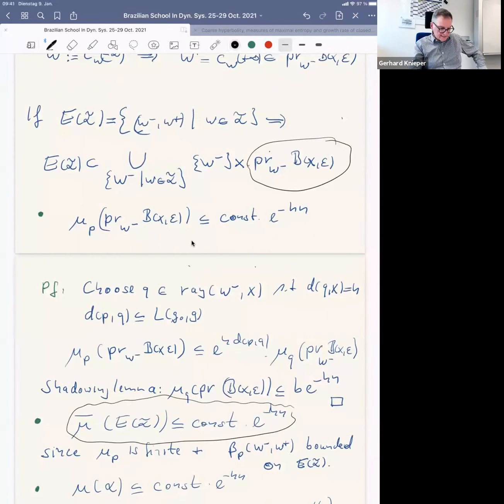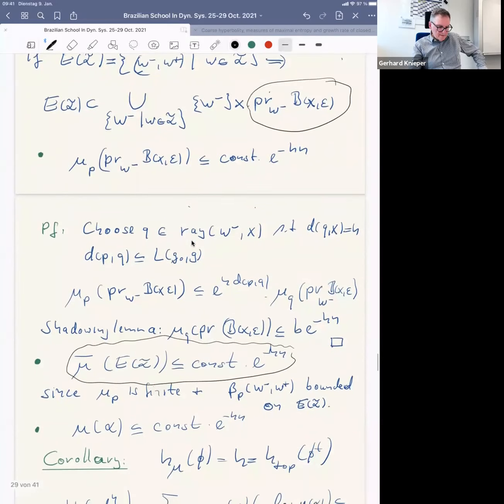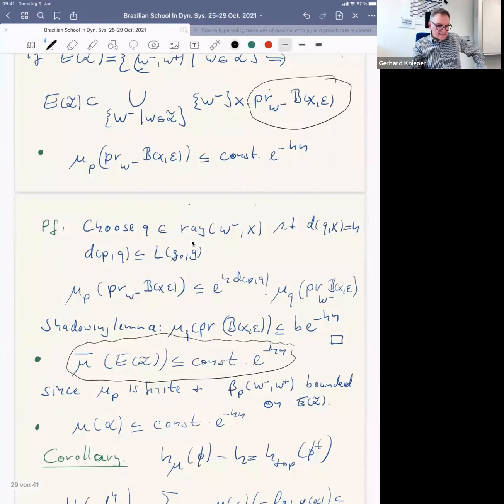Why is this? You actually need only to estimate the second term in this product, because the measure mu_P is finite. So whatever this is in the first set will only be a constant.